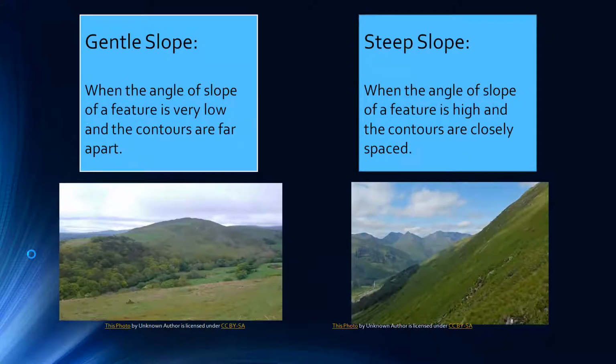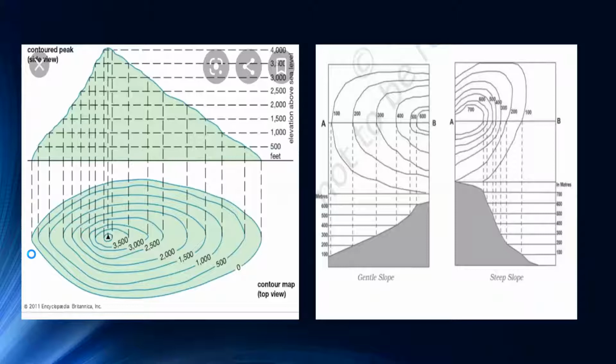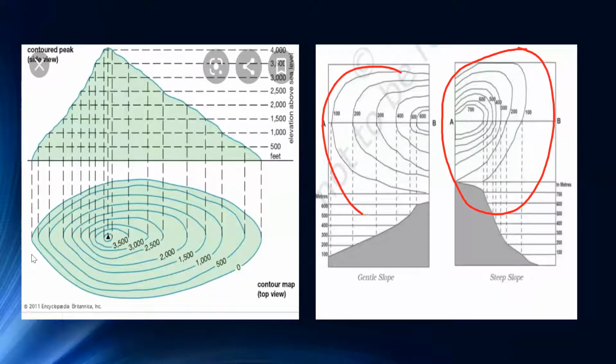Okay, children. Now, in a steep slope, the contours are closely packed, right? And in a gentle slope, the contours are far apart. So here you can see I have two pics for you, children, on your screen.